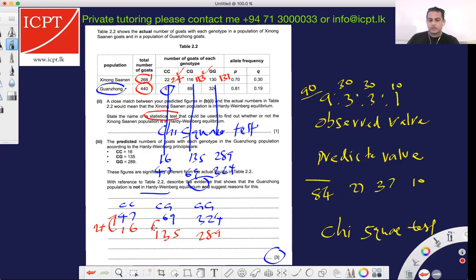This is also close to double. And this one also differs to a higher level. So this is higher than the predicted.